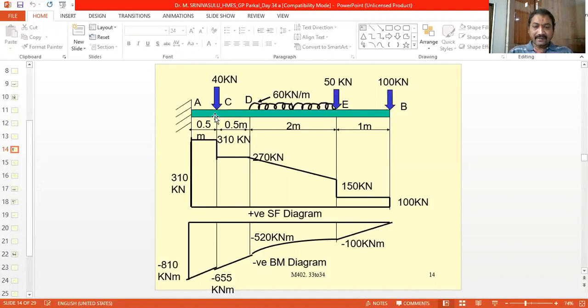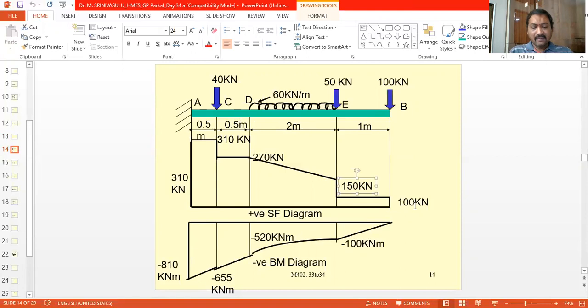First of all, we draw this figure, then we extend the vertical lines from the points A, B, C, D, E. And then we have to draw a horizontal line. This is the horizontal line, that is the zero line for the shear force diagram. Okay. Next, this is another zero line for the bending moment diagram.